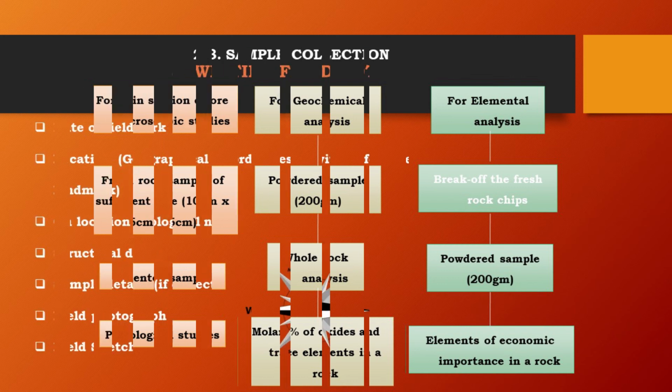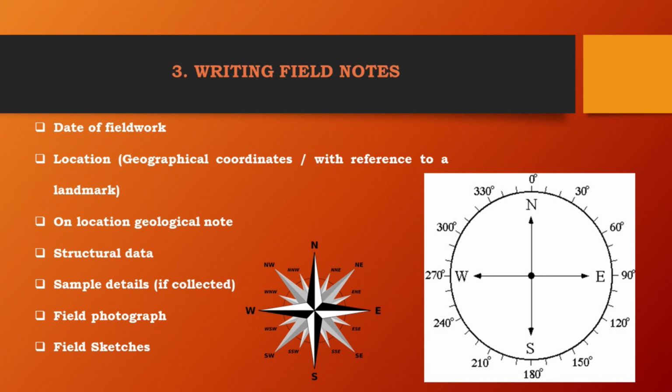Whatever data we have recorded, we should write in a sequential manner. This can include the date of fieldwork, location indicating the geographical coordinates or with reference to a landmark, on-location geological notes, structural data, sample details if collected, and field photograph or field sketch.